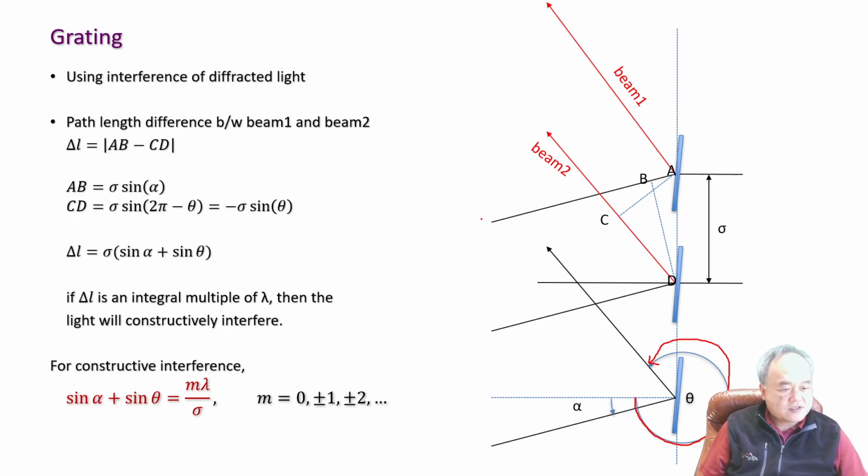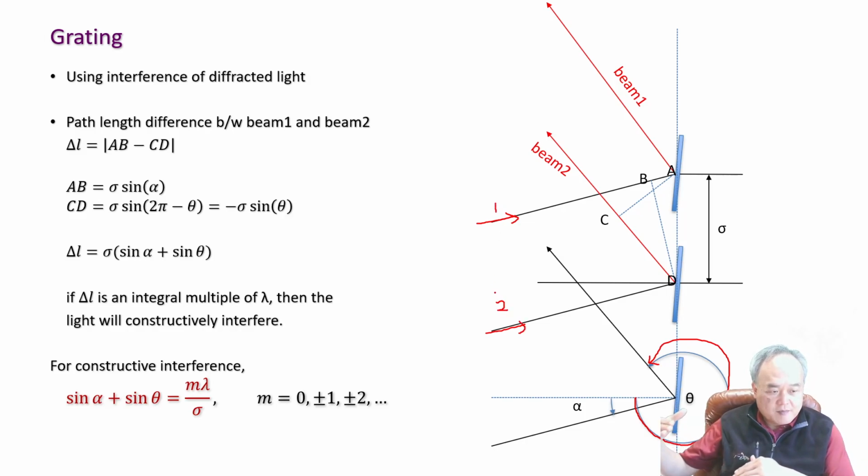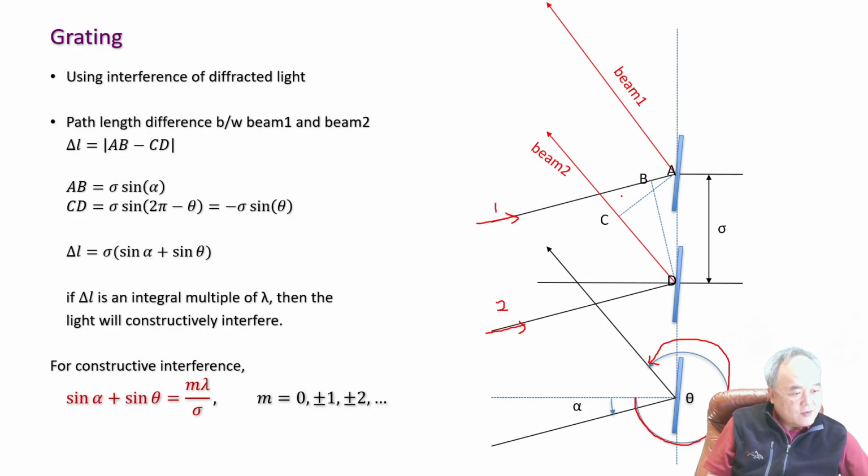Then let's focus on these two beams: first beam, second beam. They are coming in parallel. By the time beam two meets the reflective material, beam one has yet to travel this much more length. This is the path length difference for the first part, which can be written as AB.